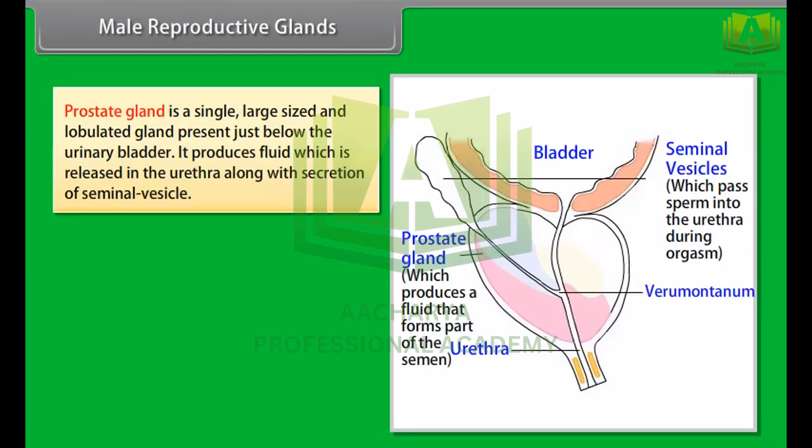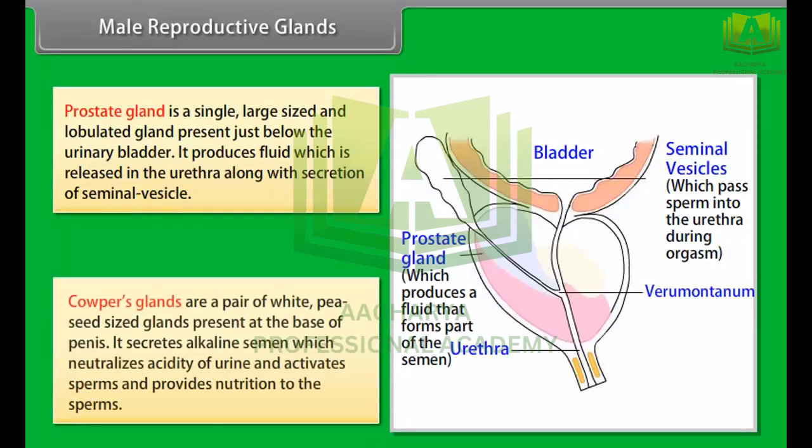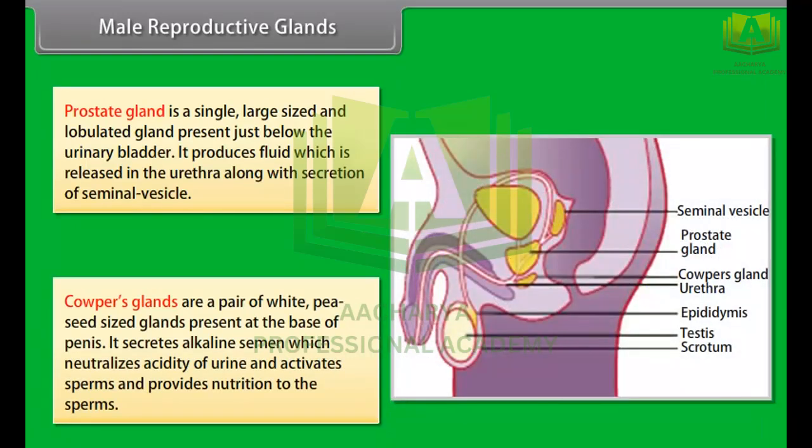It produces fluid which is released in the urethra along with secretion of seminal vesicle. Cowper's glands are a pair of white, pea-seed-sized glands present at the base of penis. They secrete alkaline semen, which neutralizes acidity of urine and activates sperms and provides nutrition to the sperms.